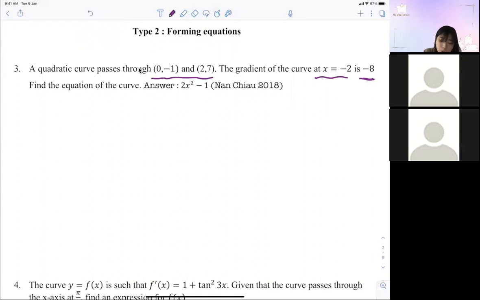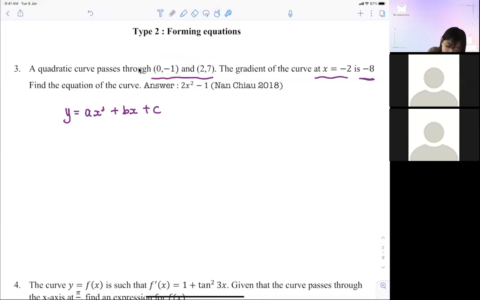So what do you know about a quadratic curve? A quadratic curve is ax squared plus bx plus c, right? So what we're trying to do now is sub in these 2 points and see if we can reduce the number of unknowns.